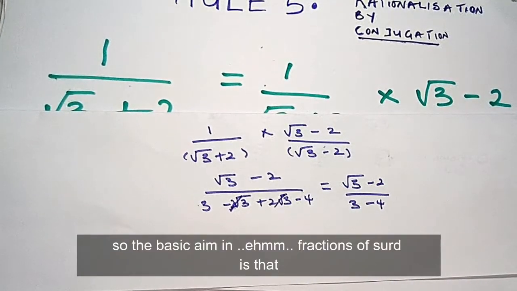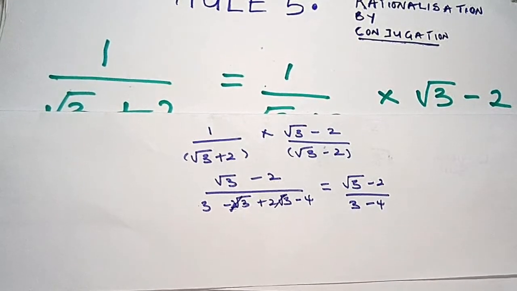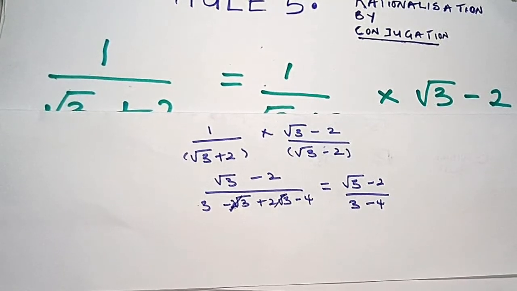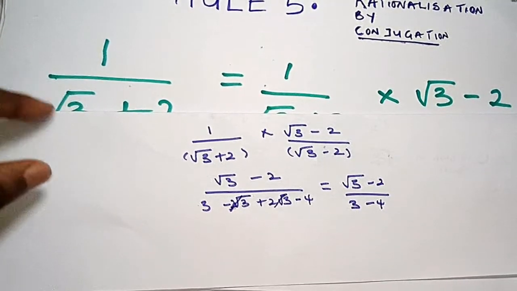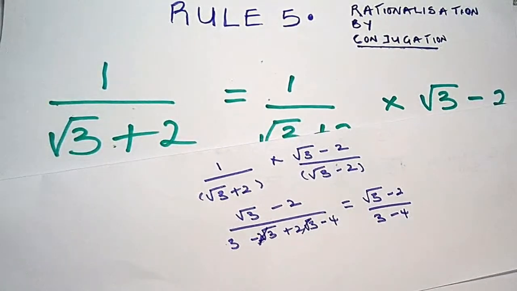So the basic aim in fractions of surd is that they don't want to see a root or an irrational number as a denominator. So anytime you have an irrational number or a surd form as a denominator, you just have to rationalize. If it's just a surd form without a natural number attached to it, like this one, then you just rationalize.